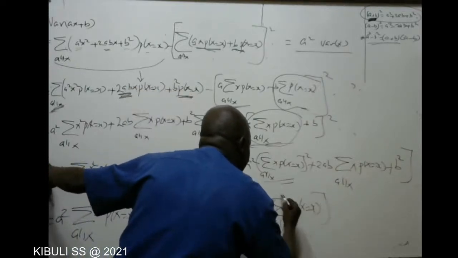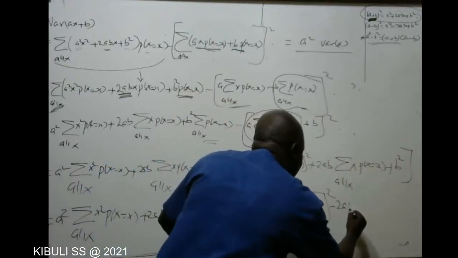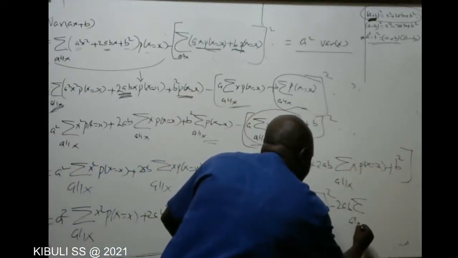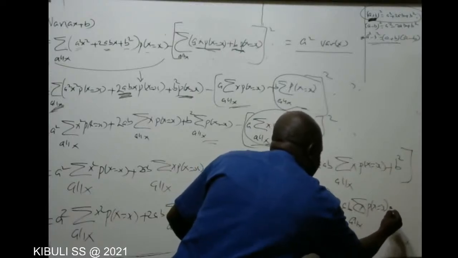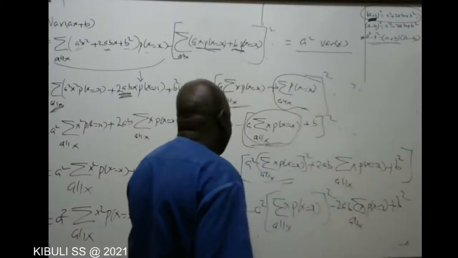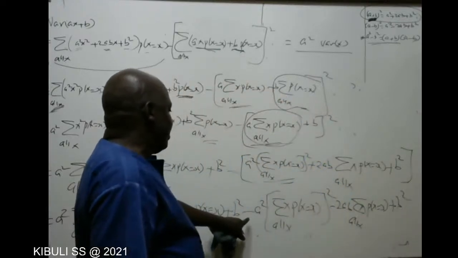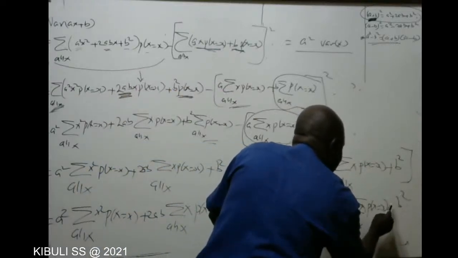This one is also squared, minus 2ab, sum of all x, probability of X equal to x, plus b squared. Now, when you open this is a minus, so this will also be a minus.